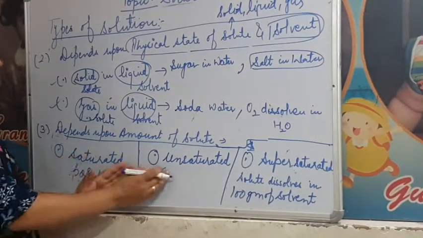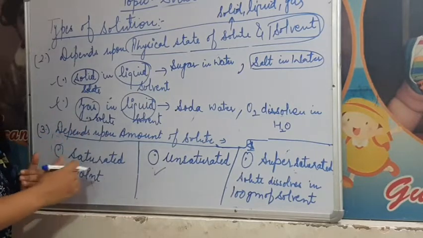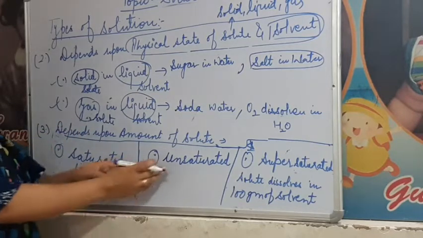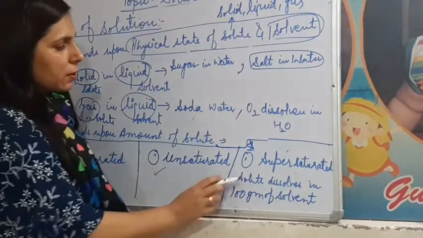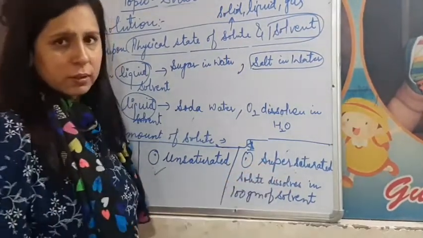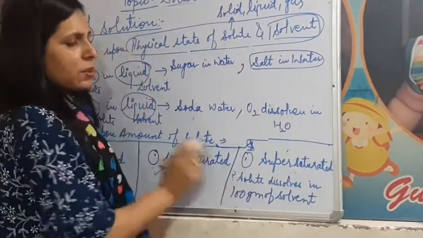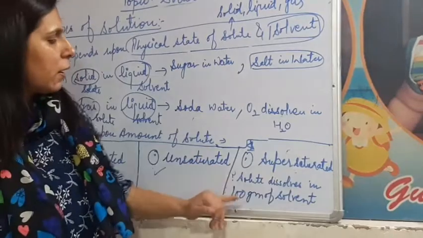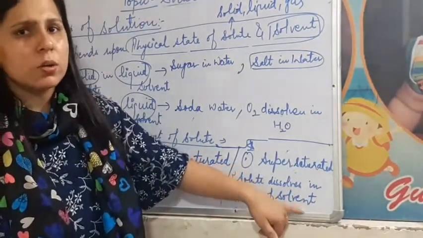Both these two are the opposite of each other. In the case of saturated, no more solute can be dissolved at that time, and in unsaturated, the solute is still dissolving in the solvent. The third one is supersaturated. This category refers to the amount of solute that is dissolvable in 100 gram of solvent to make it a saturated solution.